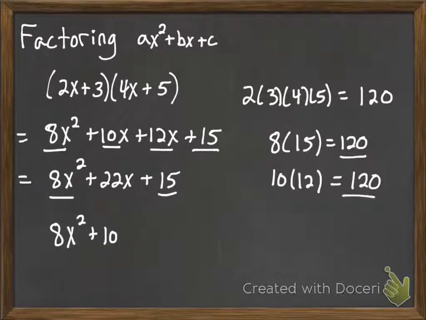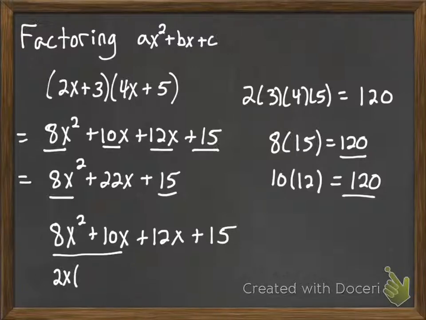And once we have 4 terms, something should be registering now in the back of your mind. 4-term polynomials, we talked about a type of factoring to do, and that's factoring by grouping. So we can do our factoring by grouping once we have the 4 terms. And so with 8x squared and 10x, we can pull out a 2x out of both of those. And that would leave me with 4x plus 5.